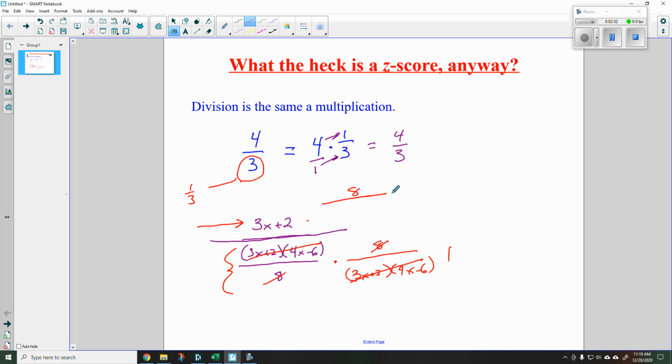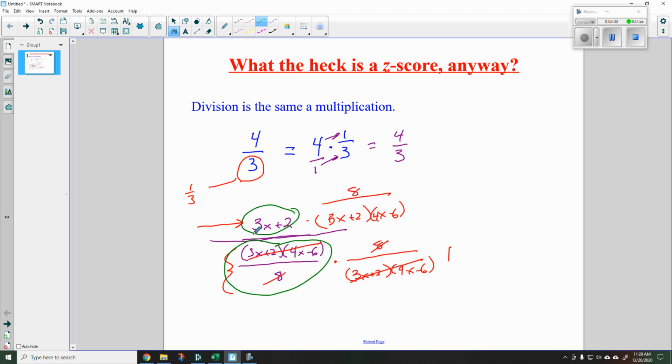So I'm multiplying 3x plus 2 times the reciprocal of my denominator, 8/(4x minus 6).